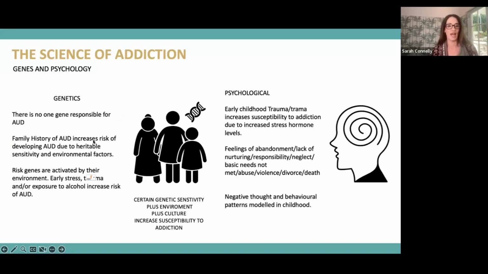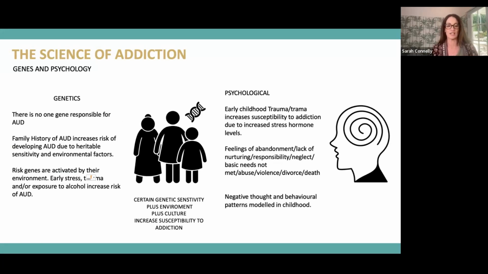In terms of our genes, there is no one gene that's responsible for alcohol use disorder. There is definitely a significant amount of research showing that family history increases our risk of developing alcohol use disorder, and that is down to heritable sensitivity and environmental factors.